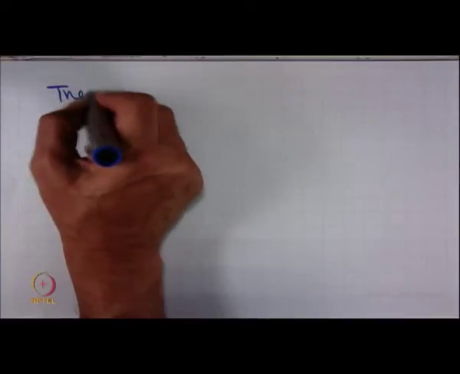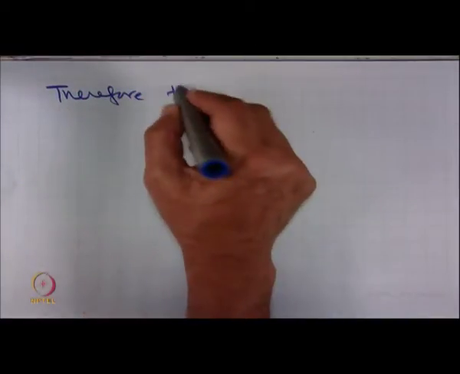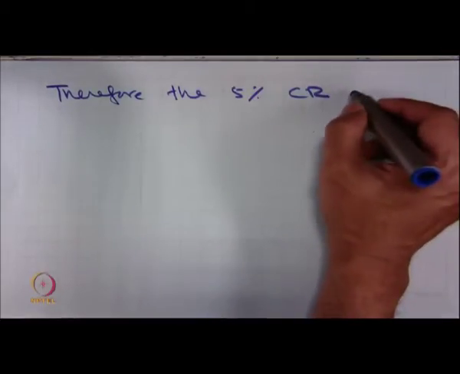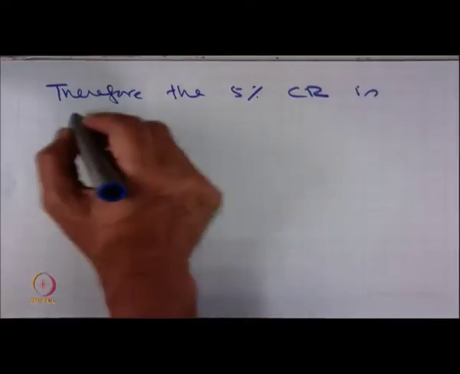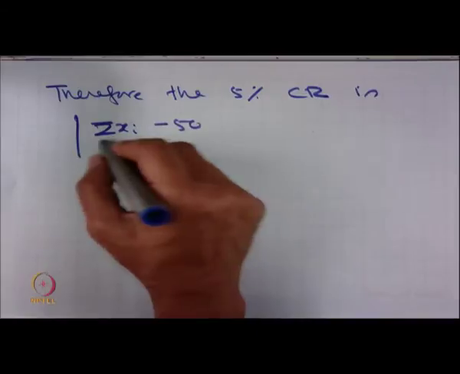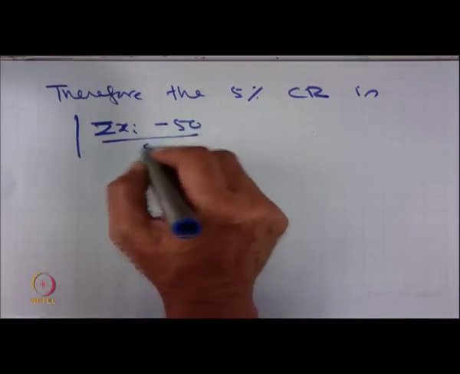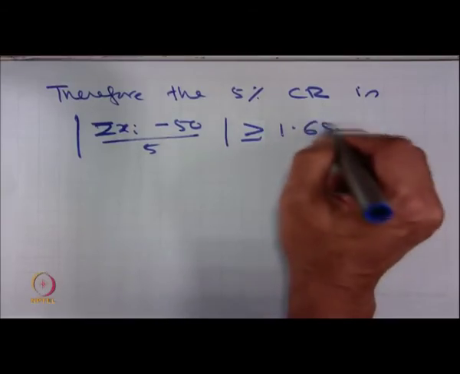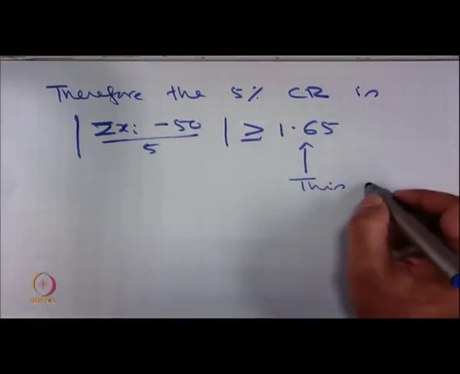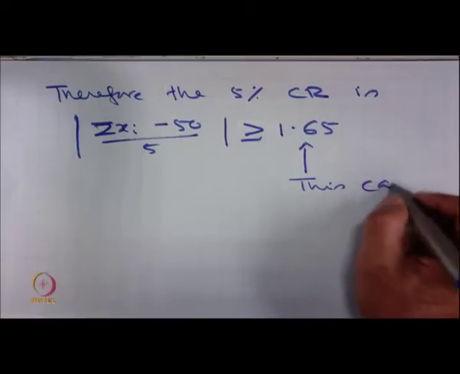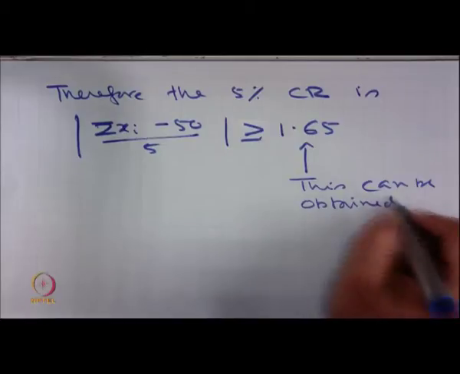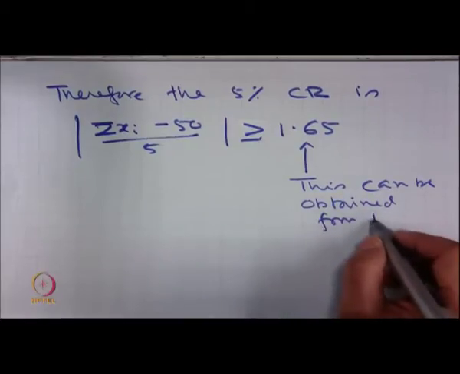Therefore, the 5% critical region is modulus of (sigma xi minus 50) upon 5 greater than or equal to 1.65. This can be obtained from the normal table.